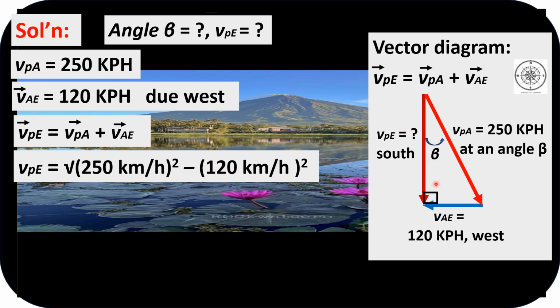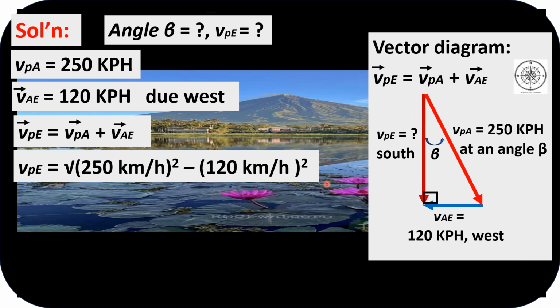Therefore, based on the Pythagorean formula, if you want to determine the adjacent side, given the opposite side and the hypotenuse, we simply get the square root of the square of the hypotenuse minus the square of the opposite side. This is in accordance with our trigonometric rule in determining one side, in this case, the adjacent side of the right triangle.